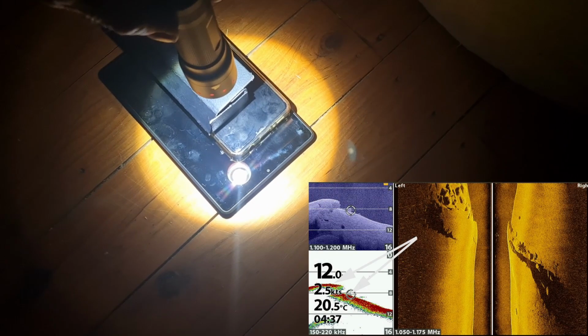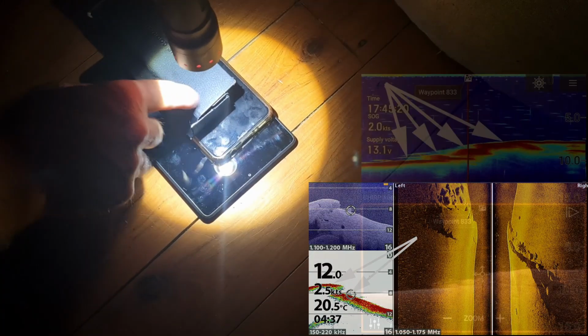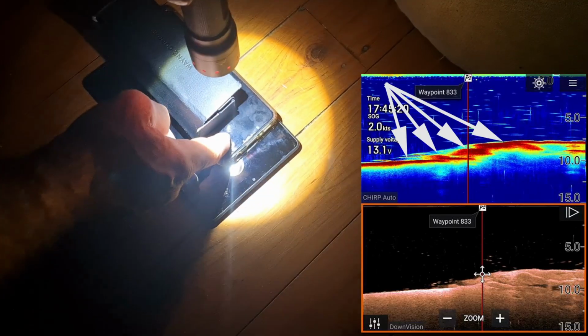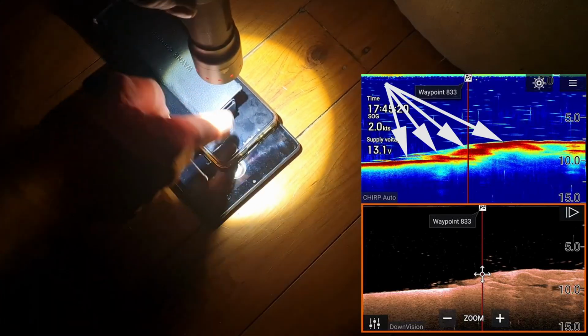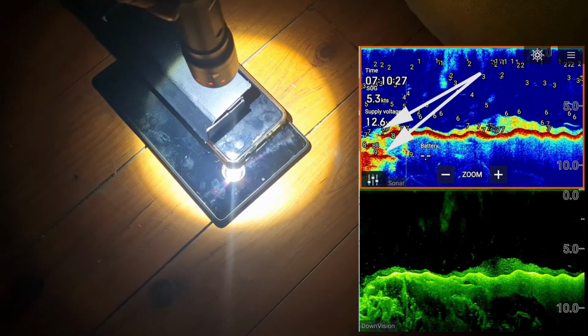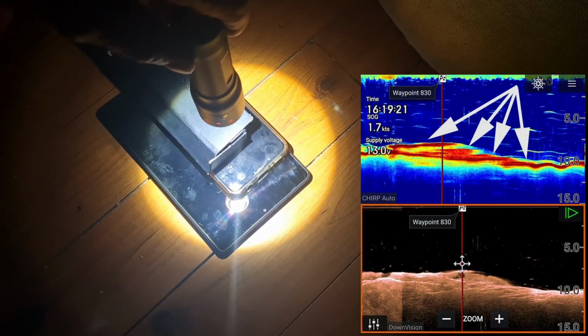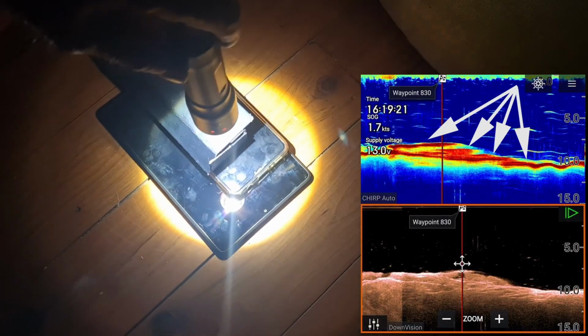But we'll see sort of multiple shadows on the bottom, and that shows that we've got two different depths and a really sharp drop between them. I'll show you some real live snapshots from the sonar screen, and hopefully that'll then make sense just exactly what I mean by the multiple shadows on the bottom.